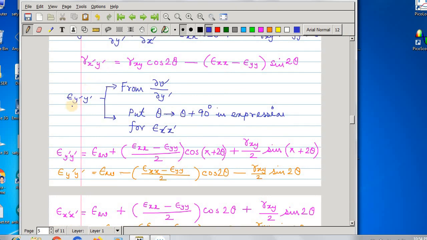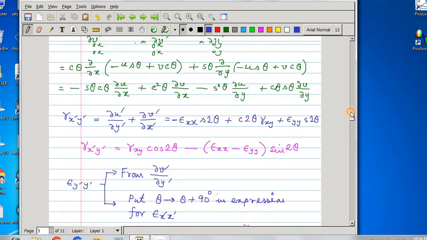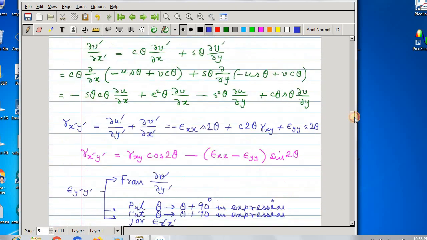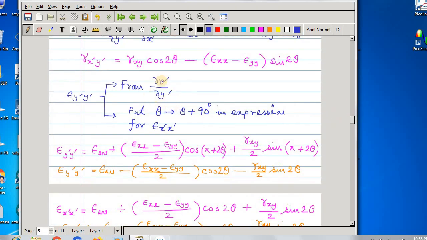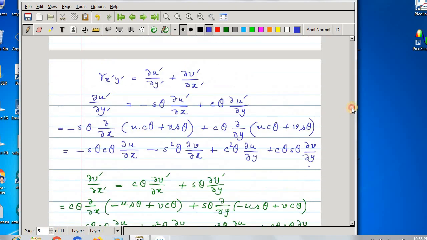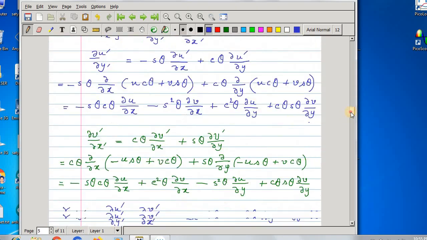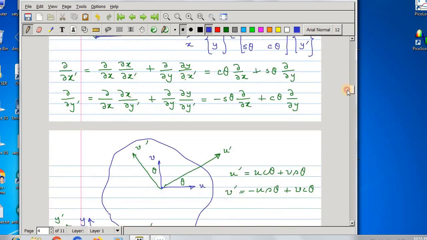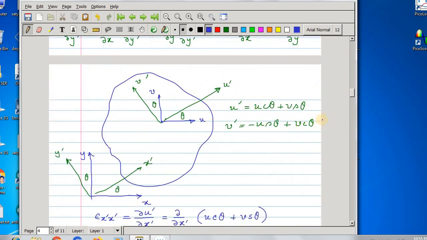Now gamma y dashed also, from this you can replace del y dashed by minus sine theta del x plus cos theta del y, and you operate it on v dashed, and v dashed is minus u sine theta plus v cos theta.